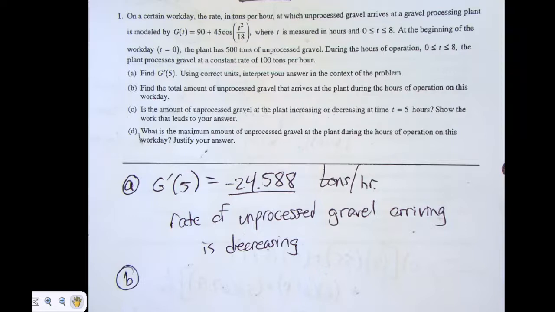You've also got a rate, G prime of T. Okay, so G of T is the rate being added, and then there's also some being taken out. So we also take gravel out at 100 tons per hour.